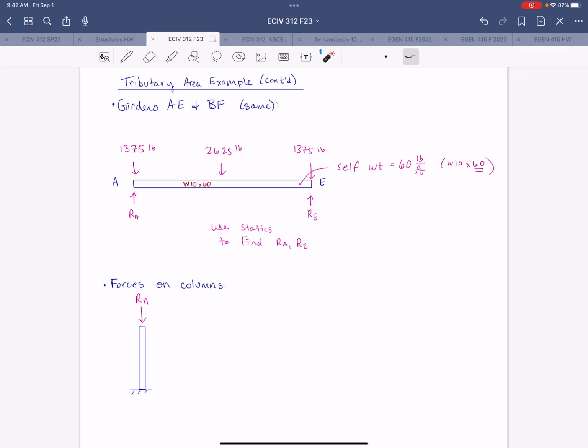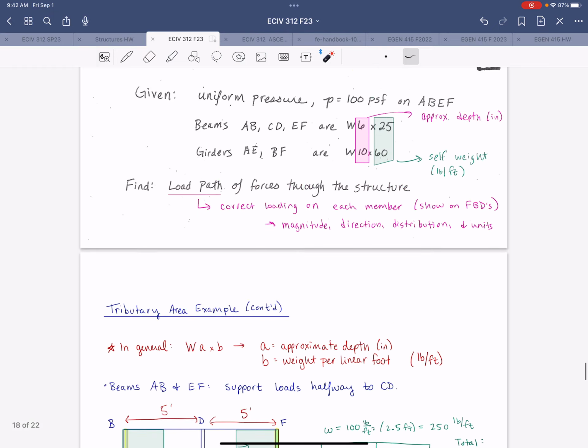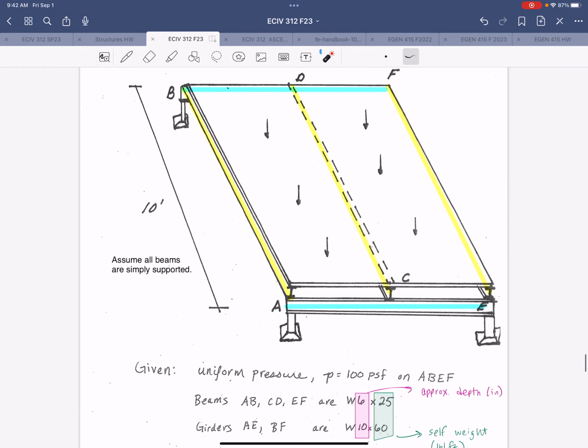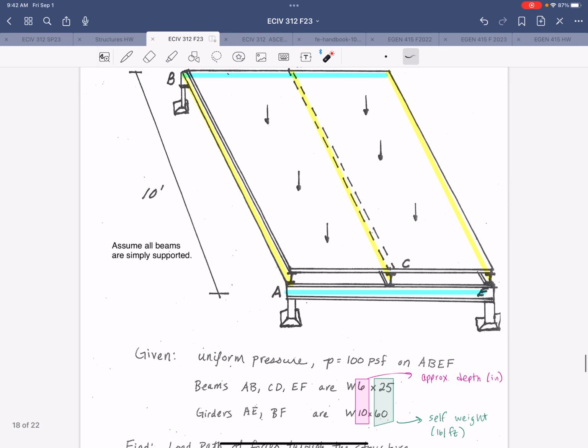And one way to check your work could be, going back to the floor plate, you can see that the columns have a tributary area of 5 times 5, so 25 square feet is the tributary area for the column. So you could do a check and take the 100 PSF times 25.